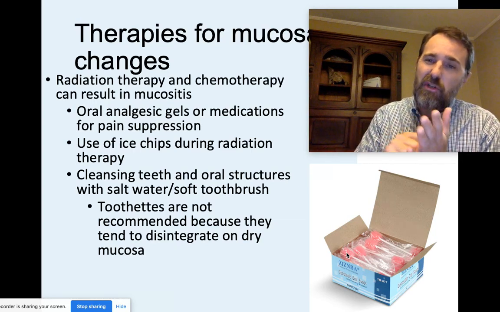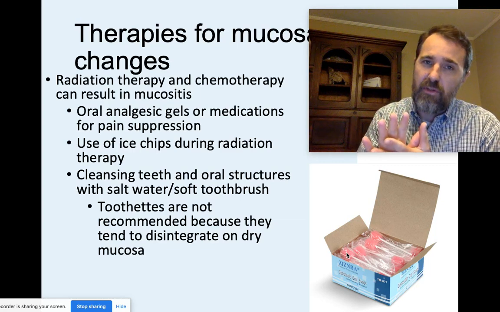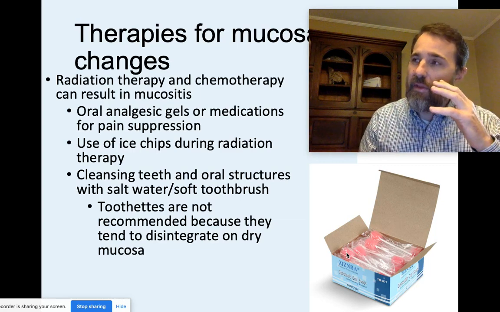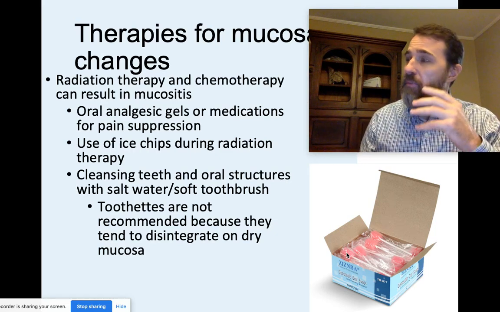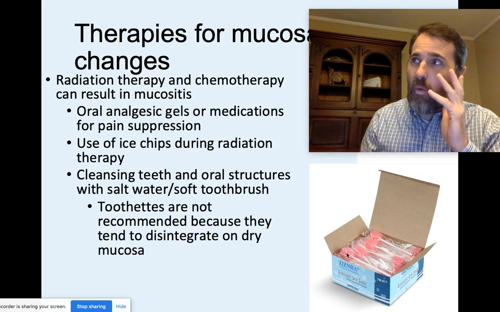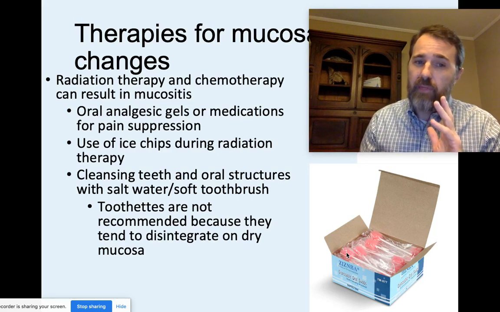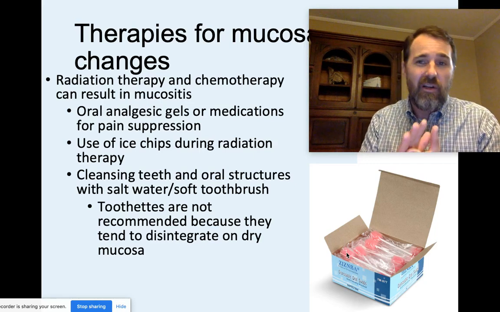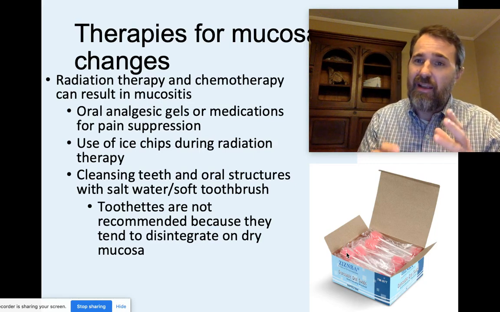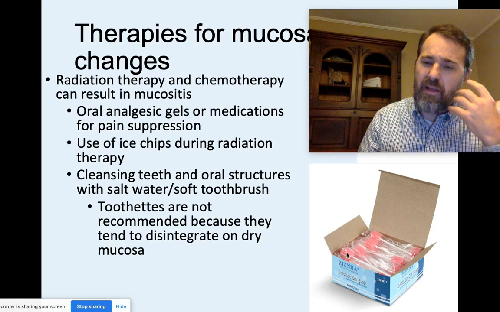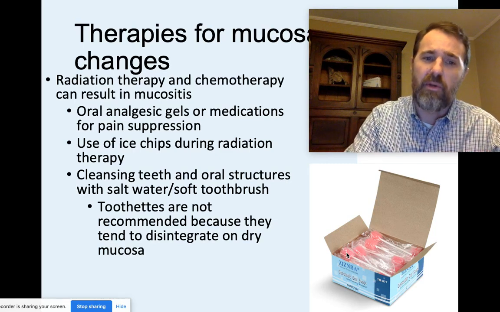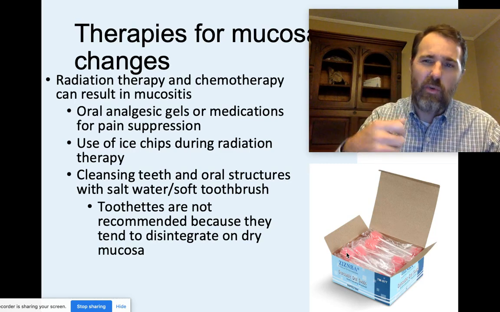But there can be too much friction between the surface of the toothette and the dry and maybe lesioned oral tissue. So you don't want to encourage the use of toothettes in people with dry and painful inflamed mucosa because it's too abrasive.